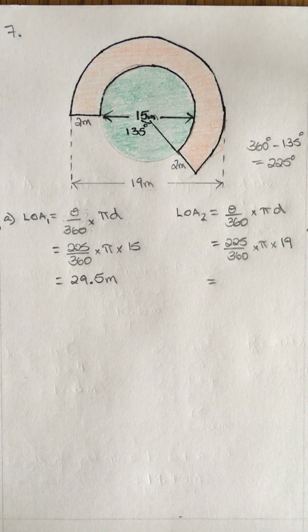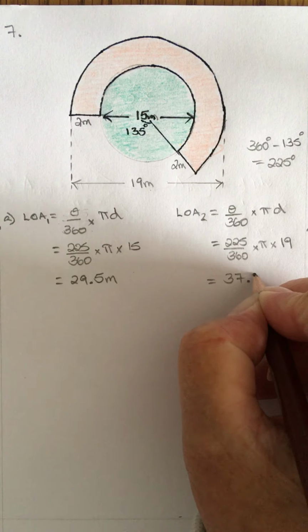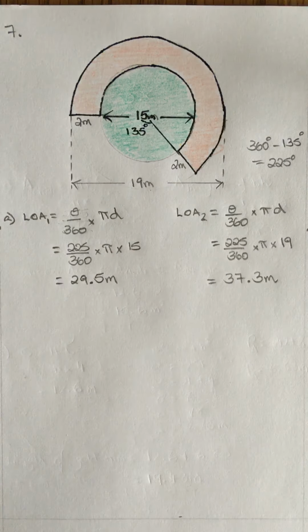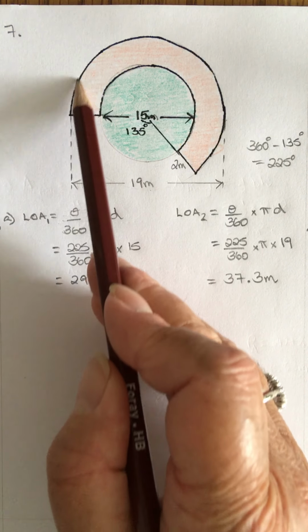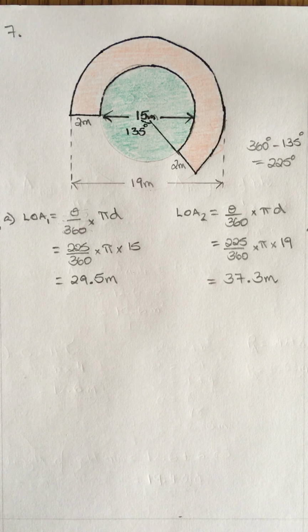When we calculate 225 divided by 360 times pi times 19, we get 37.3. So from this point here all the way around to here is 37.3.